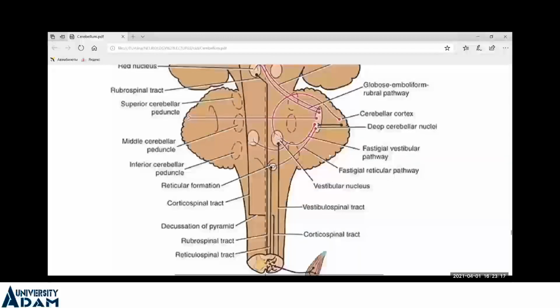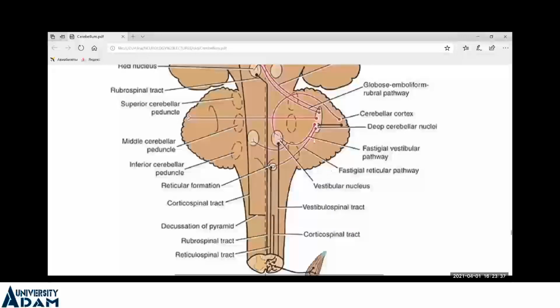And the reticular pathway, guys, influences again ipsilateral muscle tone, but all muscle, not only the extensors, but both extensors and flexors, okay.